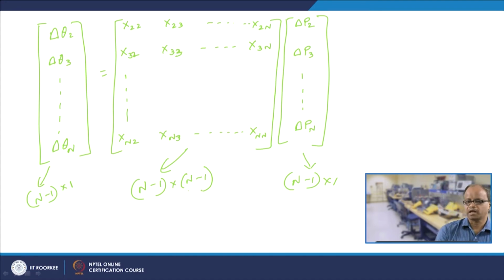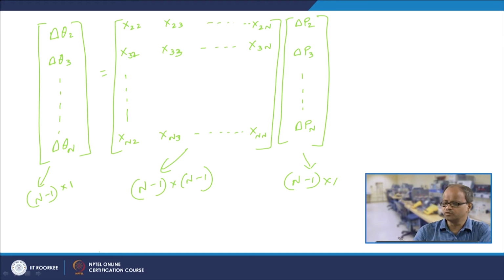Although it is at position 1 1, we are writing it x22 just to denote that this element connects the angle at bus 2 with the power injected at bus 2. This element connects the angle at bus 2 with the power injected at bus 3, and this element connects the angle at bus 3 with the power injection at bus 2, and so on.